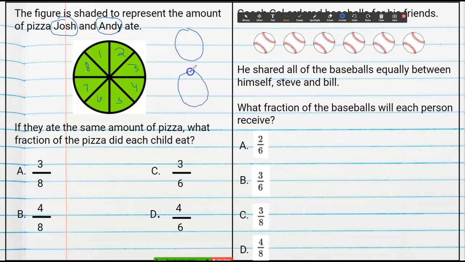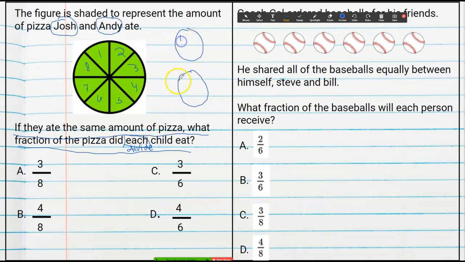Now, we want them to have the same amount of pizza each. So we have 8 pieces to get to them. Okay, if they ate the same amount of pizza, what fraction of the pizza did each child eat? Notice I have each in my question, which means I'm going to divide. So guys, remember with fractions a lot of the time you are dividing. Okay, so I'm dividing my 8 pieces into my 2 people.